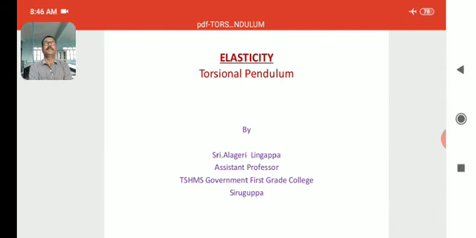Today I am going to explain the torsional pendulum, which is under the chapter elasticity.